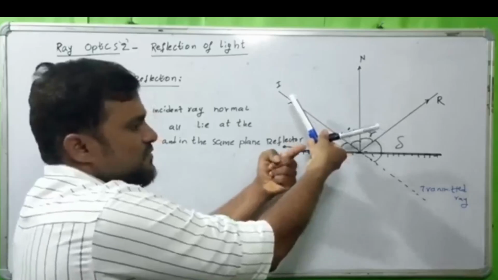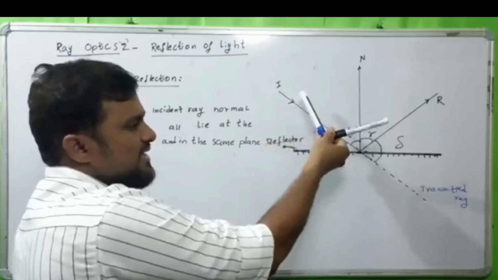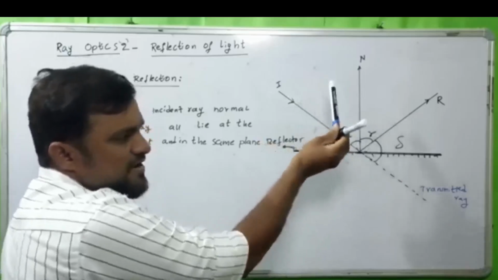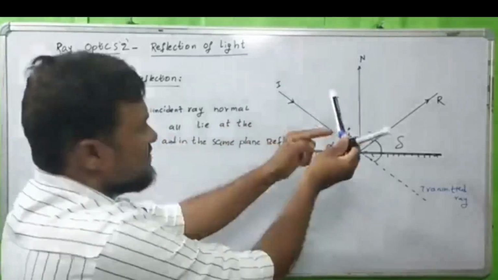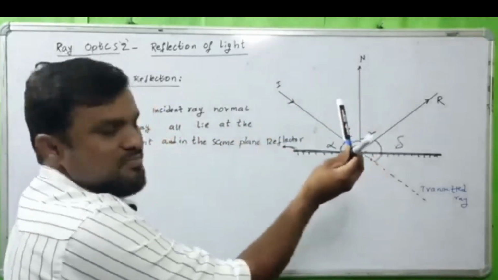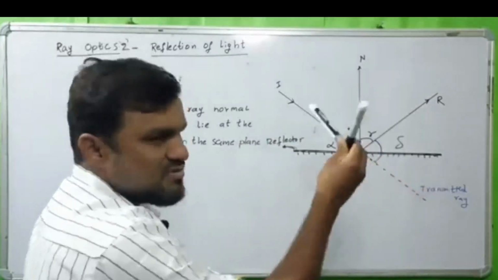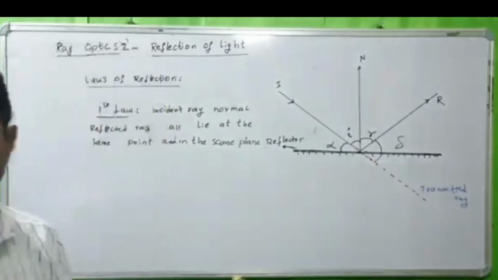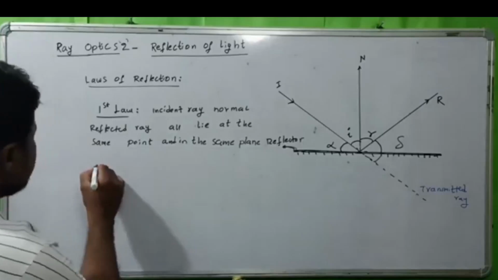This is the z-axis. If I throw a light ray through the yz plane, incident ray, normal, reflected ray will be like this. Always they lie in the same plane. That is the first law.